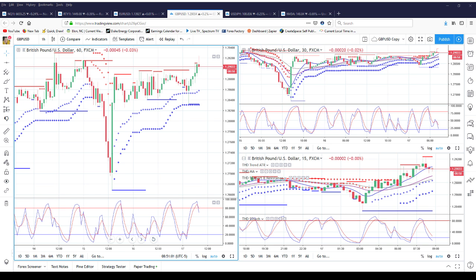You have about 8 minutes left for this one. If you're trading the 60-minute in isolation, then you're not looking at these 2 time frames over here.